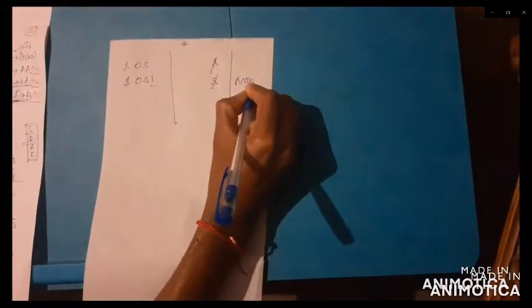So $0S $1. What is $1? $1 is accept. So this is for input string checking.